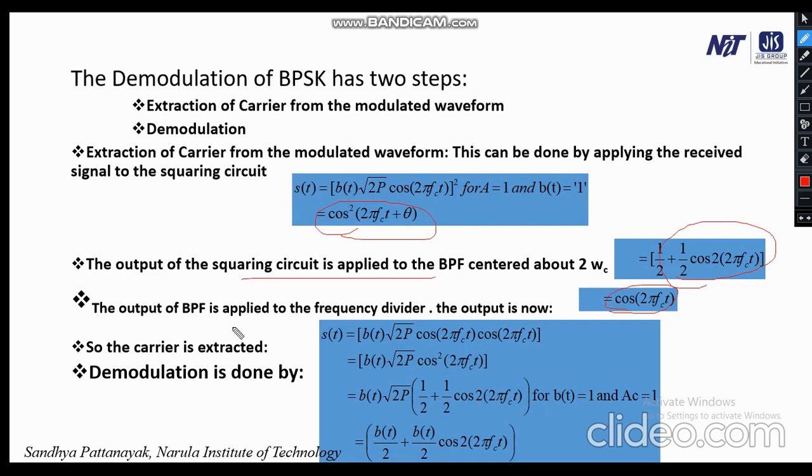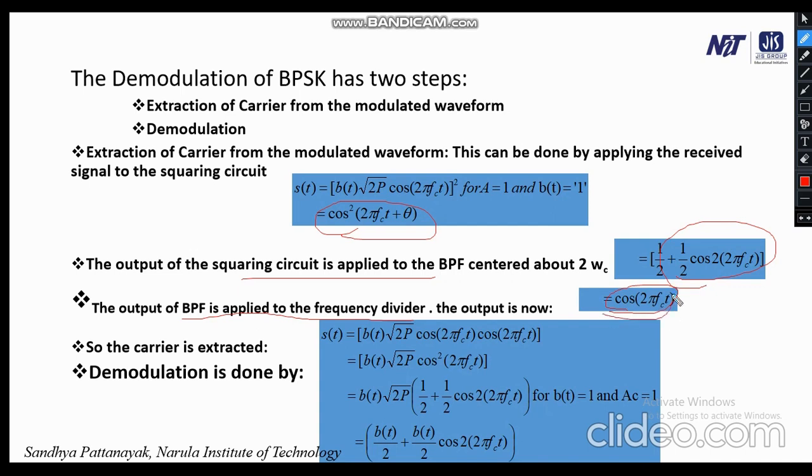Next you apply this output of the band pass filter to the frequency divider, that is, you divide by 2. The frequency divider reduces the frequency of the input signal by half. The input to the frequency divider is cos 2 omega ct, so if you divide the frequency by half, we get cos omega ct.